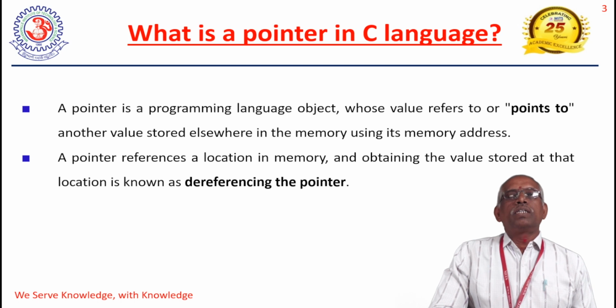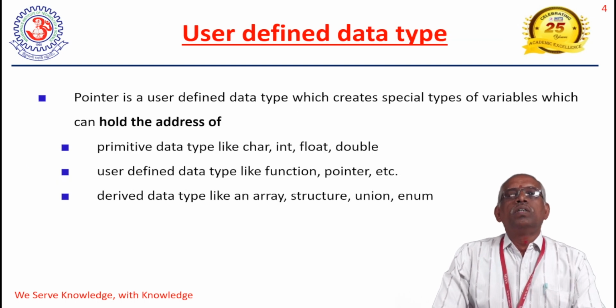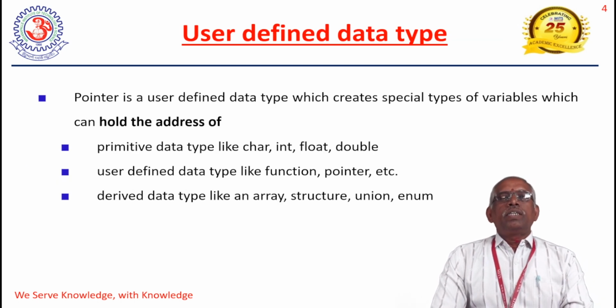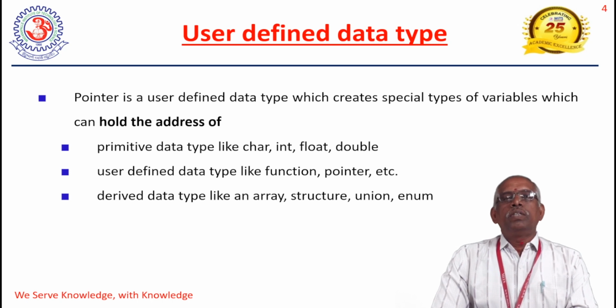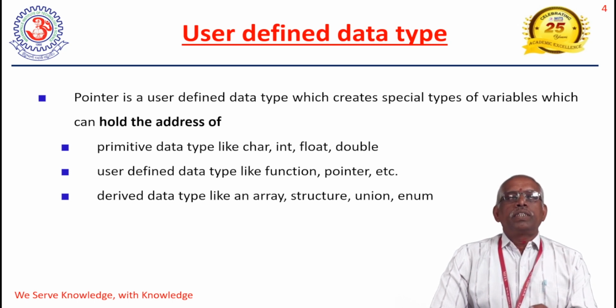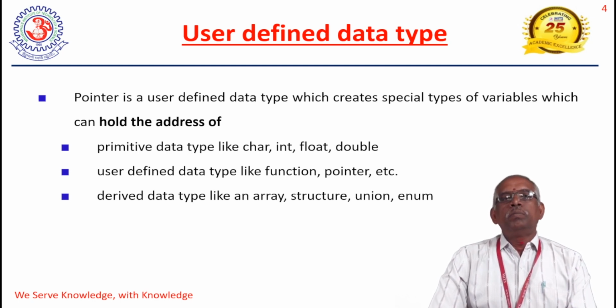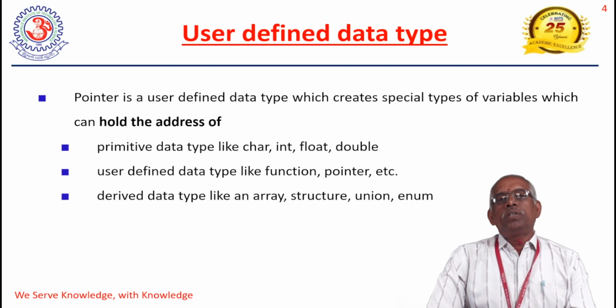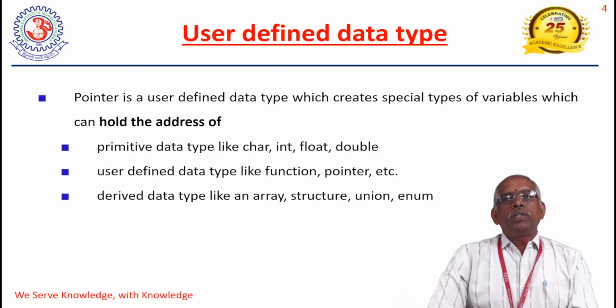Let us move to the next slide. In another way, we can say a pointer is a user-defined data type, which can create special models, which create special types of variables that can hold the address of not necessarily a single variable. Normally, what we do is with the primitive data types like character, integer, float, and double, and also we can apply user-defined data types.